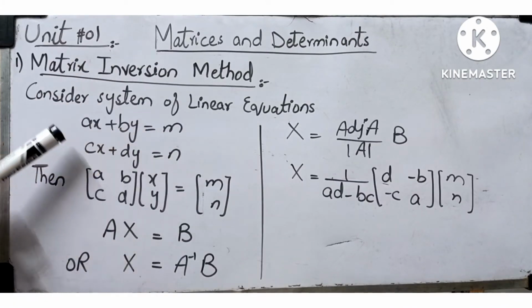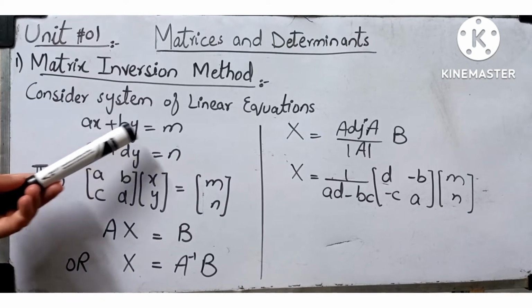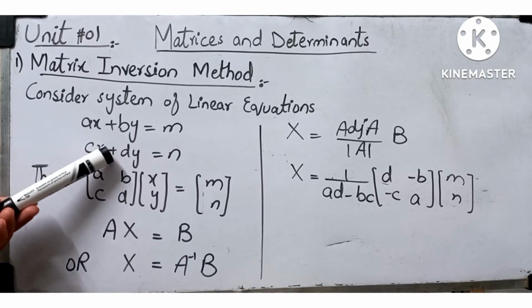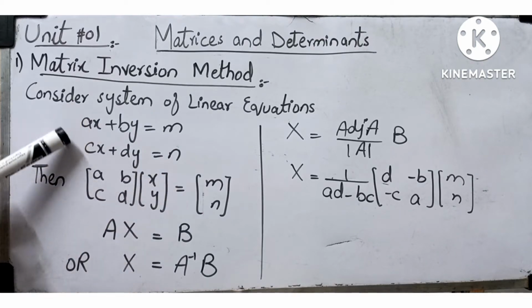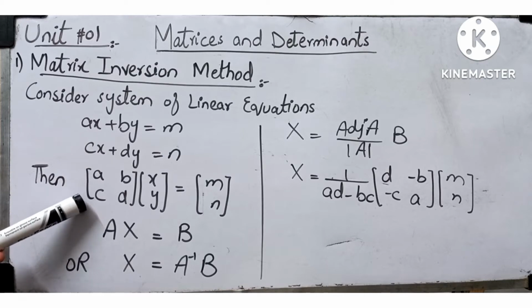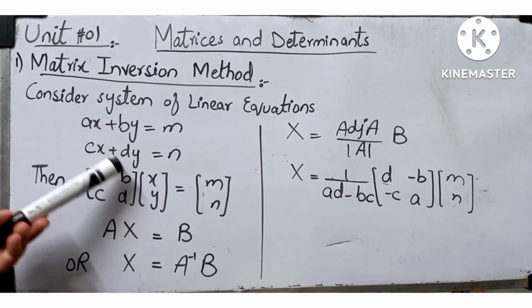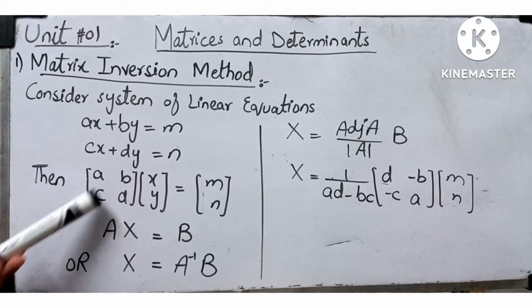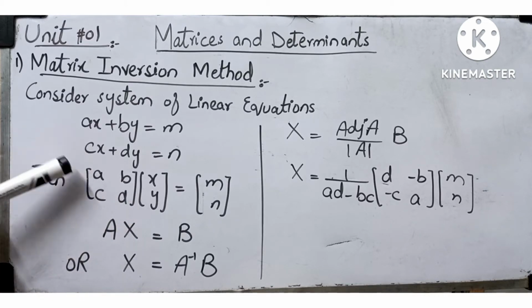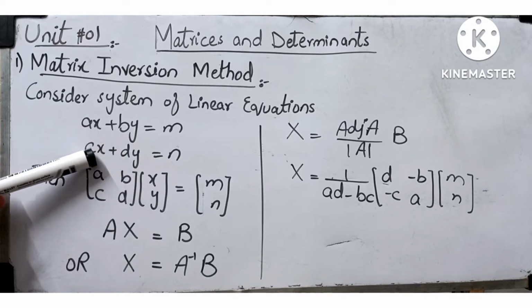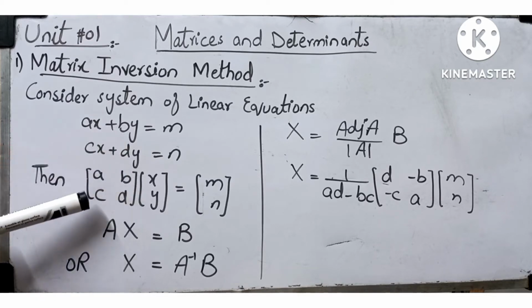The first method is the matrix inversion method. Consider the system of linear equations ax plus by is equal to m, cx plus dy is equal to n. We will write these two equations in the form of matrices, where the first matrix is the matrix with entries A, B, C and D, and this is the matrix of coefficients. A and C are coefficients of x, B and D are coefficients of y.